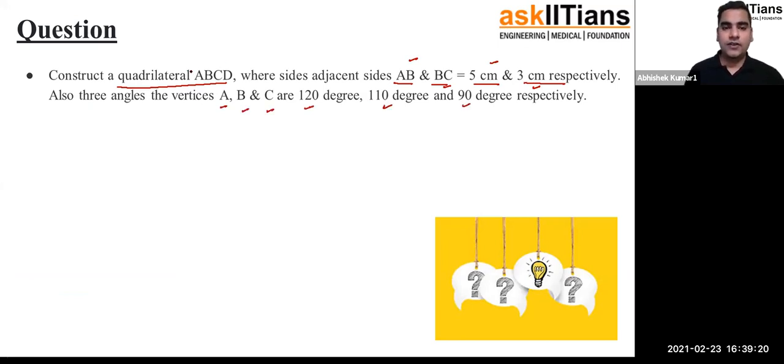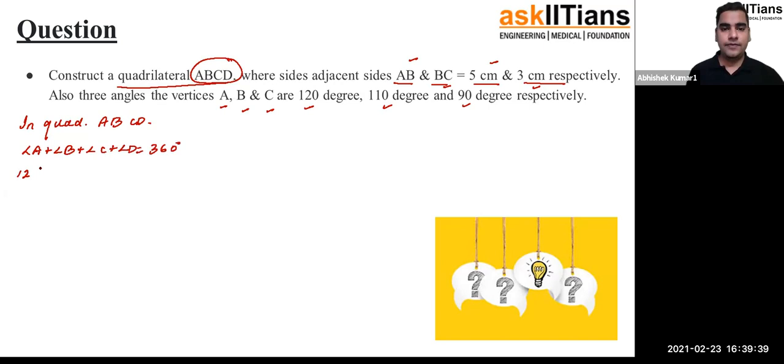So in this quadrilateral ABCD, what will be the sum of all the angles? You will have A plus B plus C plus D equal to 360 degree as per the angle sum property.